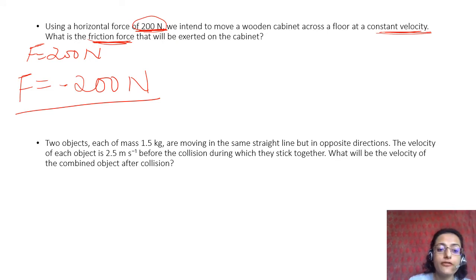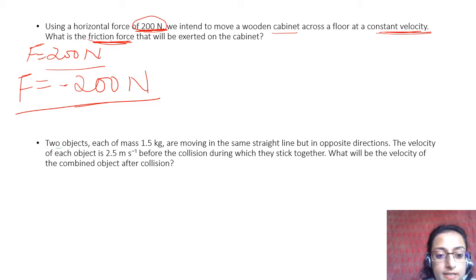Why is it so? If you have more force than the friction, then the cabinet will not move at a constant velocity, the velocity will change, it will be accelerating motion, right? In this case, since frictional force is equal to the horizontal force that you are given, there is no net force, therefore the cabinet, which we assume is already in motion, will move with constant velocity, right? So the frictional force is minus 200 Newton.